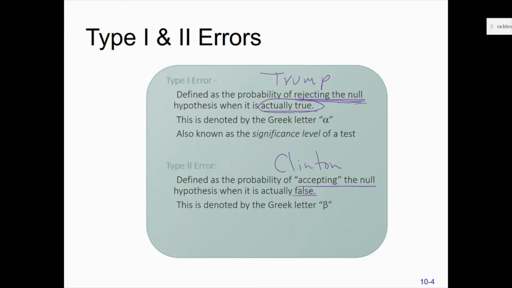And again, in the 2016 elections in the US, everybody told Hillary Clinton that she would win. All the surveys said that she would win. All the newspapers and the TV shows were saying that she would win, and she actually lost. So everybody had accepted as a fact that she would win, and she lost. So that's a type 2 error.